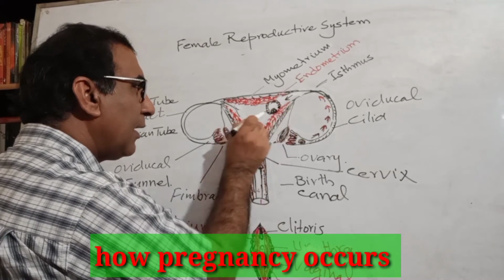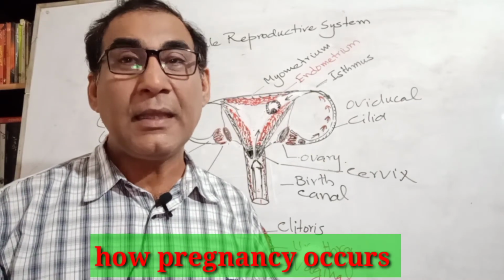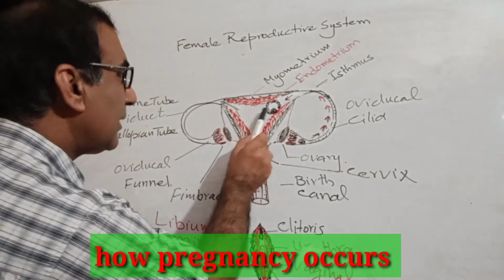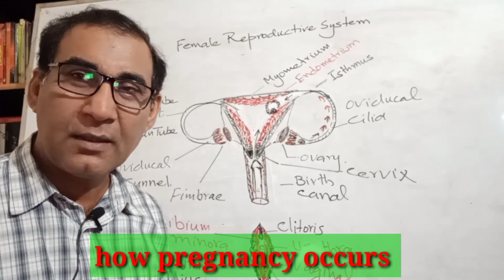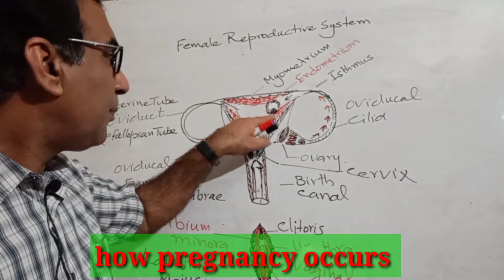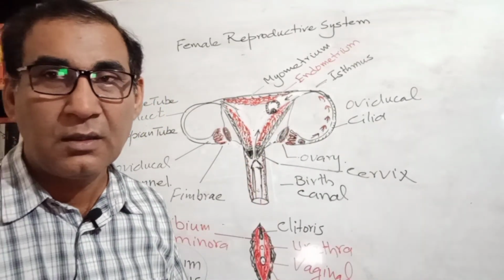This is known as the inner cell mass, and this is known as the trophoblast, and the implantation occurs. The whole structure is known as the blastocyst.